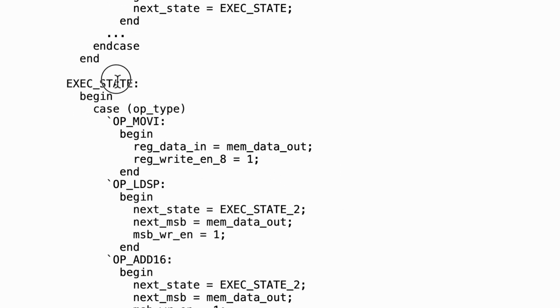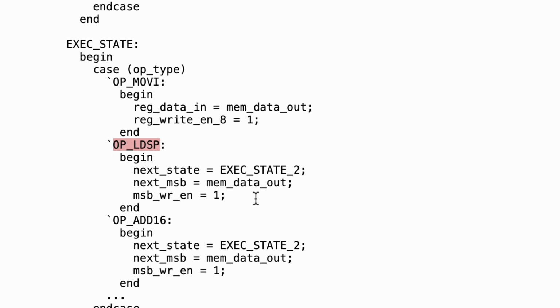When we're in the execute state and we have the load stack pointer instruction, we need to update the MSB register, so we need to raise this MSB write enable line here. And what shall we write into the MSB register? Well, we write the 8 bits that are coming out of the memory unit. We also need to send the finite state machine into the exec2 state, so we override next state again.